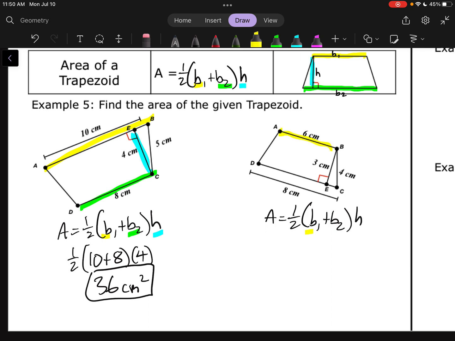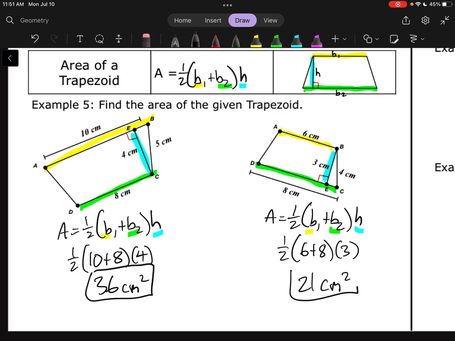I'll take the 6 for my B1, the 8 for my B2, and my height will be the 3. Once again, do not be distracted by the 4. It is not relevant. So this will be 6 plus 8 times 3. And that should give me 21 centimeters squared.